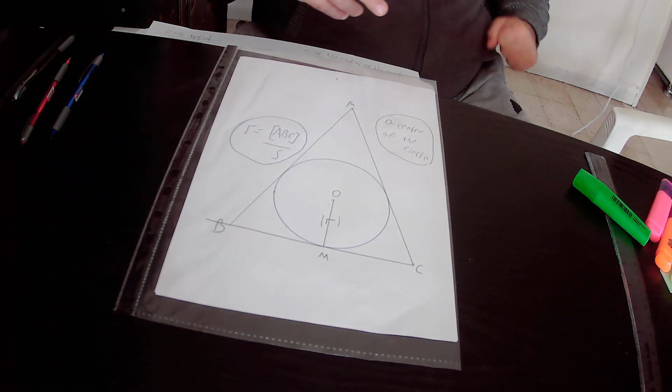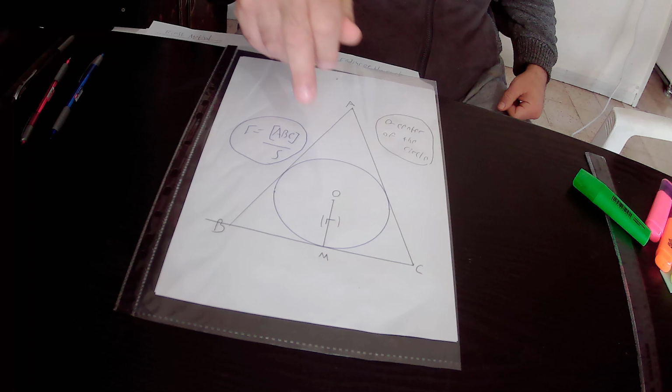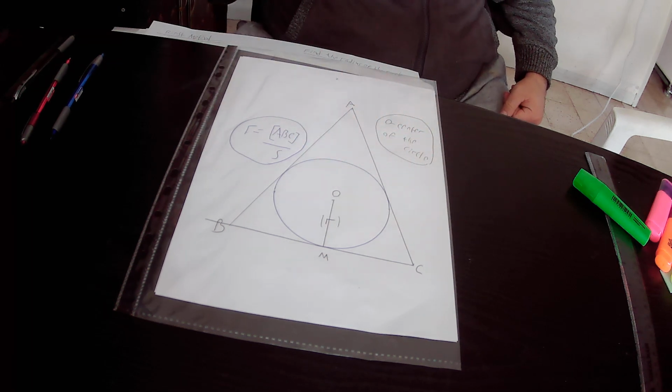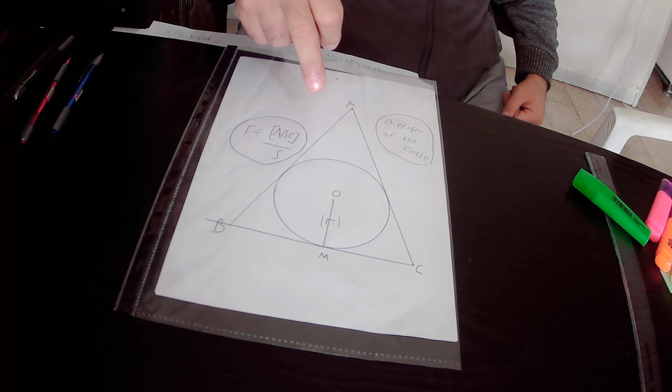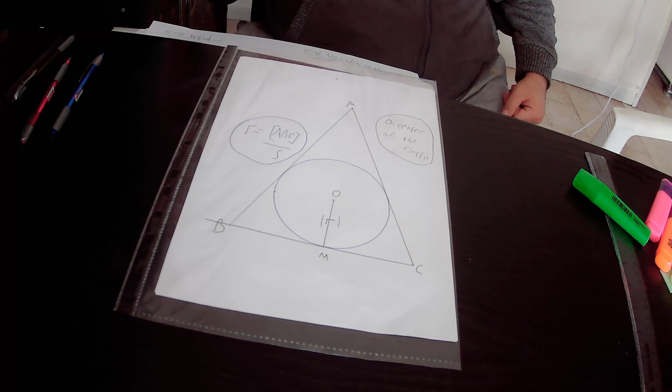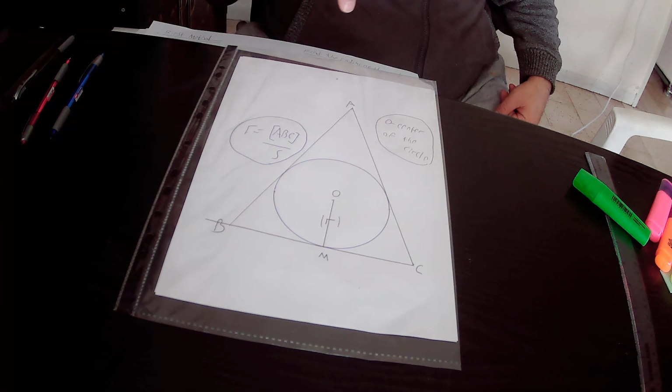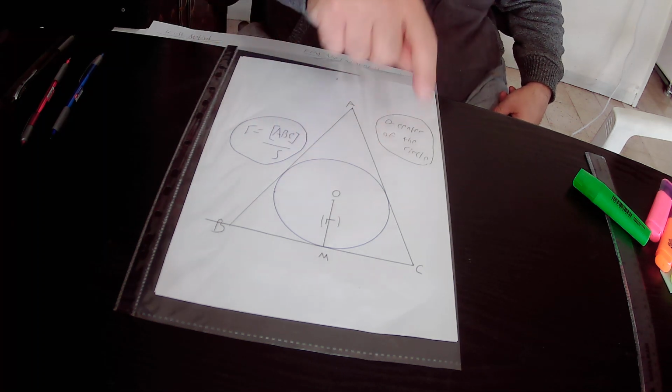So here we have a circle that is described by this triangle ABC. The radius R of this circle, according to rule number 15, will be equal to the area of triangle ABC that blocks the circle over the semi-perimeter of the same triangle ABC. The semi-perimeter of any triangle is the perimeter over 2.